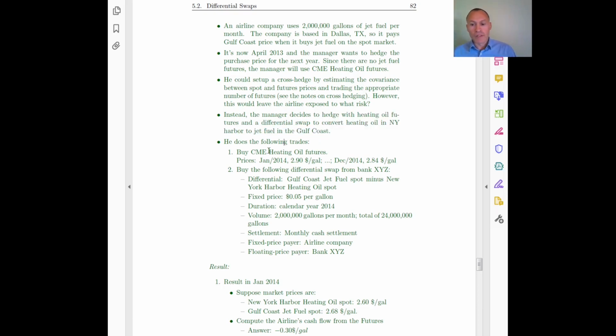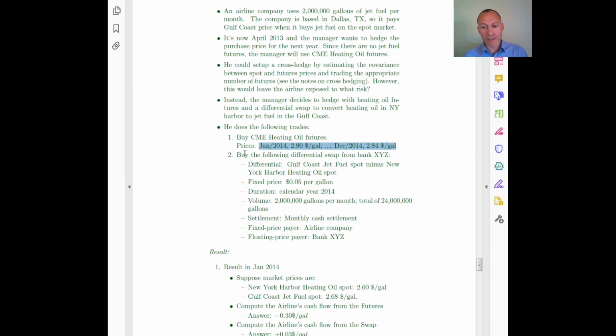Okay? So the idea is that we will hedge in two steps. First, we'll buy this very liquid CME heating oil futures for the set of months that we need to hedge. Let's say it's this full calendar year, okay? And then we'll add a second step, which is the differential swap between the New York Harbor heating oil price and what we need, which is the Gulf Coast jet fuel.